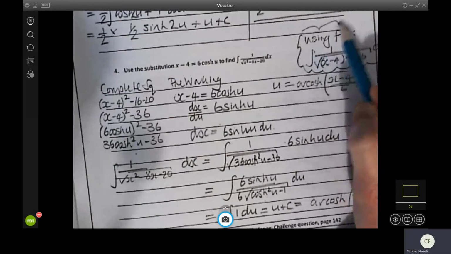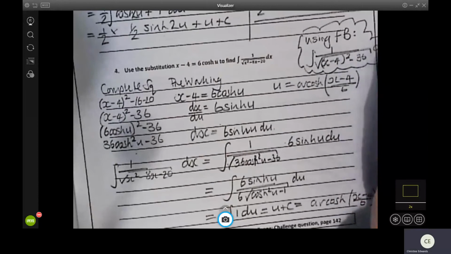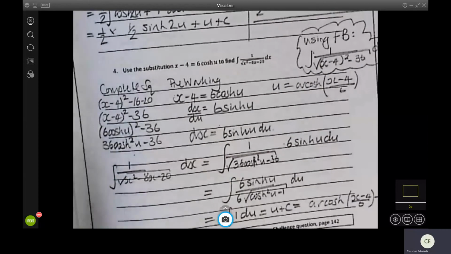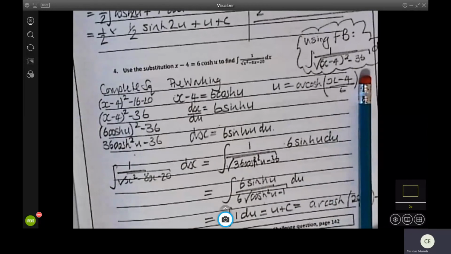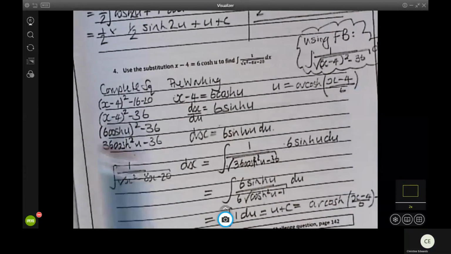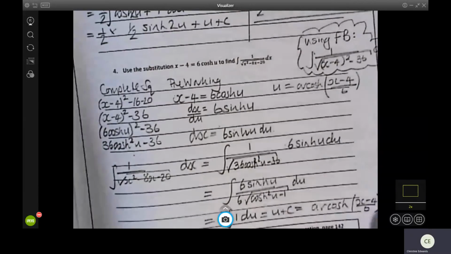So depending on what the question asks you, if it asks you to use a suitable substitution, you have to work harder and do it this way. If it asks you just to integrate, you can put it in an appropriate form and use your formula book. And that is hyperbolic integration.